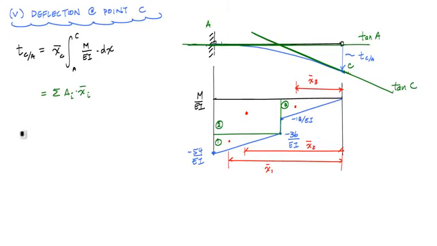this vertical deviation is equal to the area of this first, or area 1, and if you note, this distance right here is 36 over EI. That makes this distance over here 18 over EI.